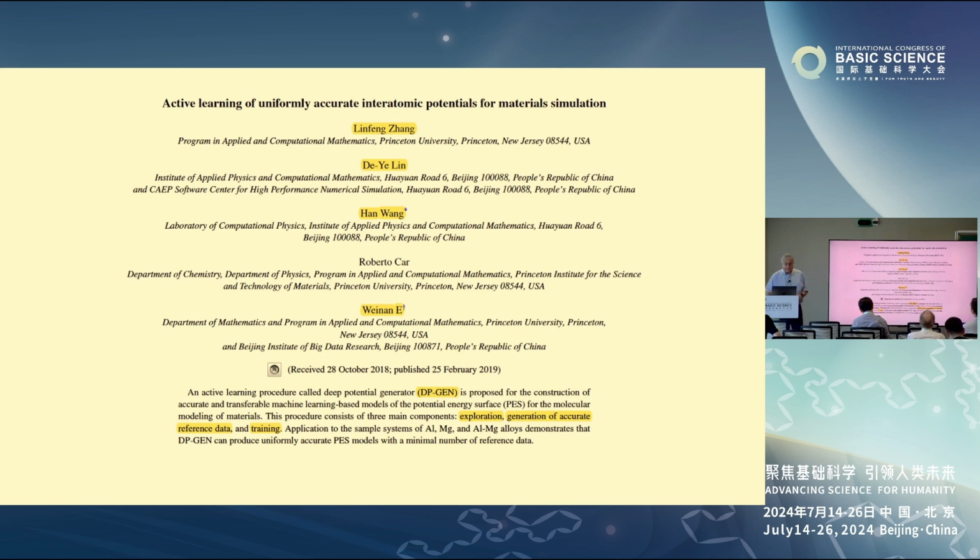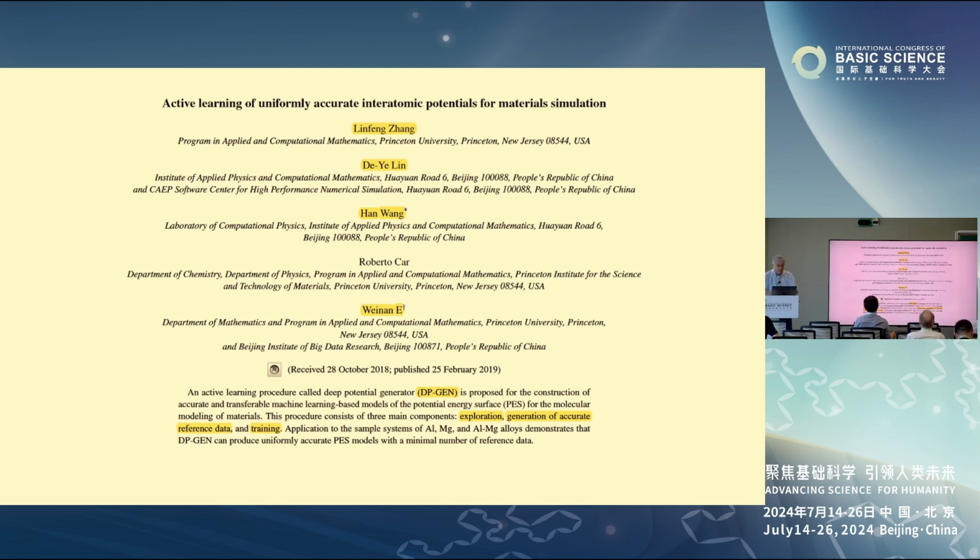And this is a paper that I wrote a few years ago together with 4 other people, Linfeng Zhang, Deye Lin, Han Wang, who is here, and Wenan E, who was my former colleague at Princeton University and now is in Beijing.